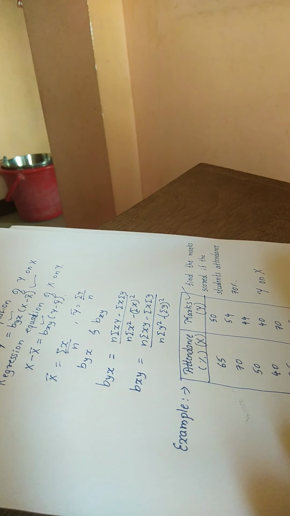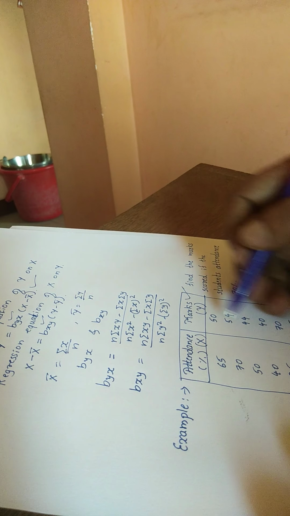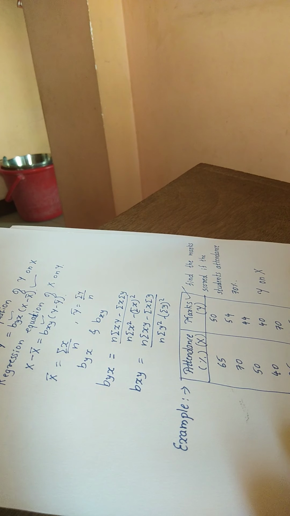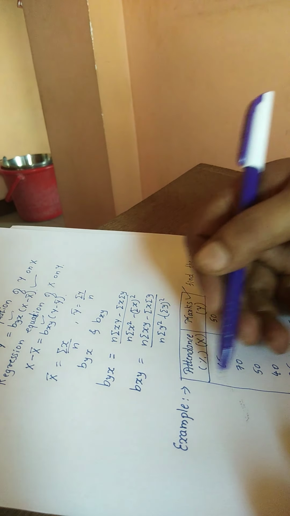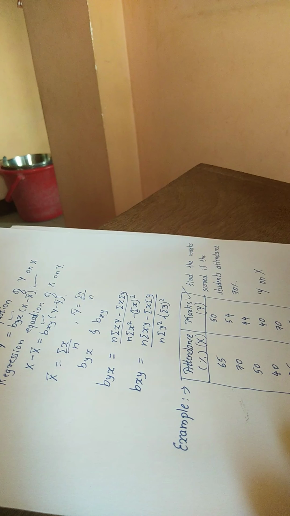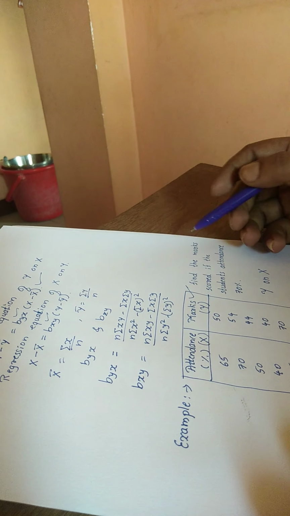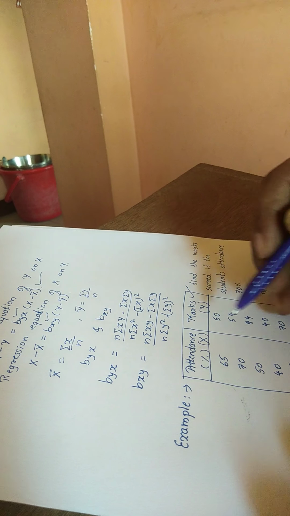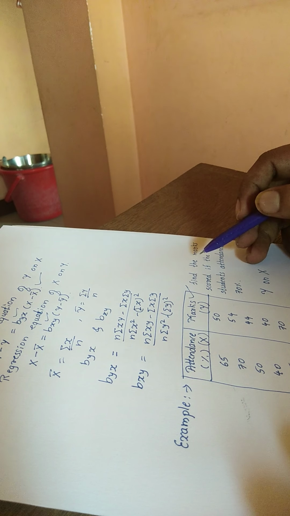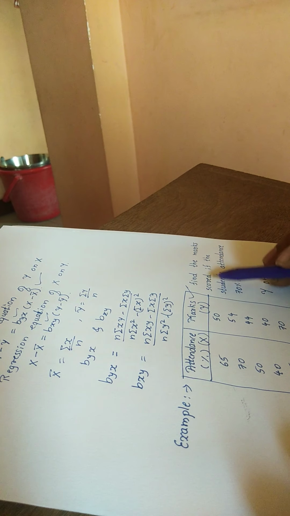Now these are some 8 random observed values we have here: 8 values of attendance, and with respect to those, the marks of those 8 students. By giving this information, they have asked us to find the marks scored if the student's attendance is 70%.